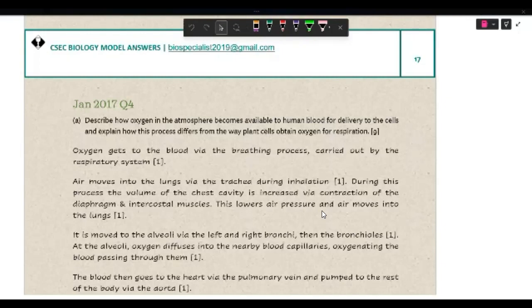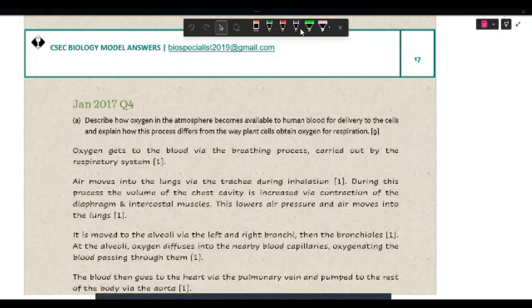Part A. We're asked to describe how oxygen in the atmosphere becomes available to human blood for delivery to the cells and explain how it differs. So there are three things going on here, right? Three processes that we're looking at.